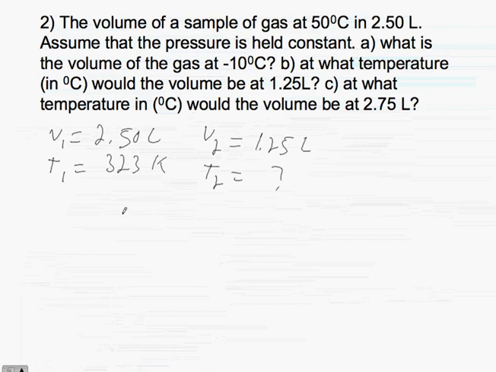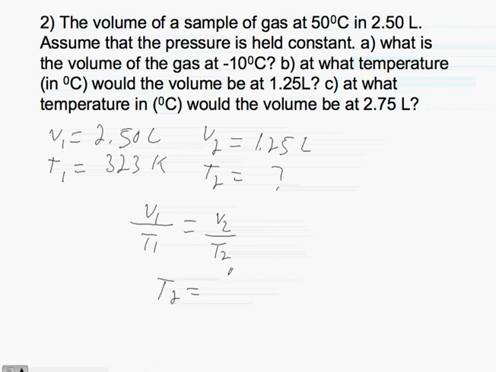Starting from my base equation, V1 over T1 is equal to V2 over T2. If I solve for T2, I get T2 equal to V2 times T1 divided by V1. I substitute my values back into the equation.